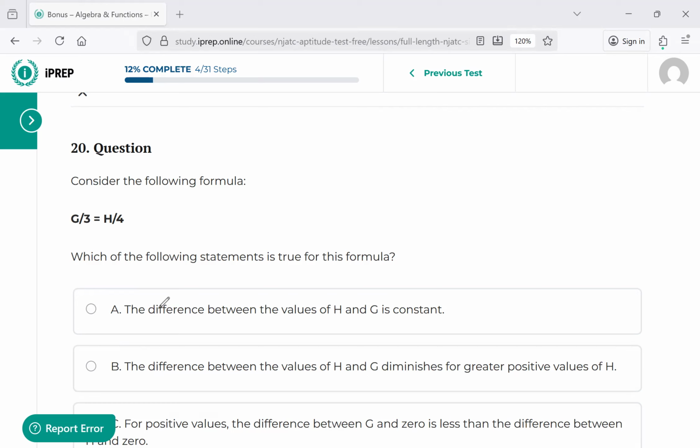I think I would get g by itself. So we have g over 3 equals h over 4. To get g by itself, I can cross multiply, so this is going to be 4g equals 3h. Then you solve for g by dividing both sides by 4. So g equals 3/4 h.